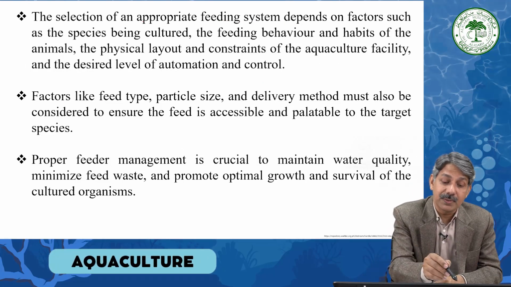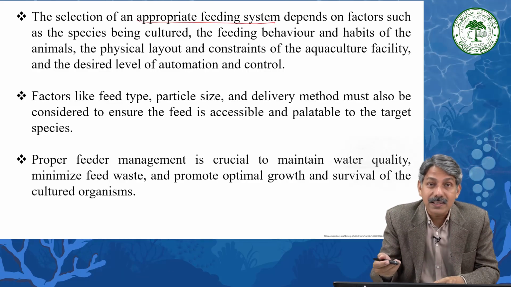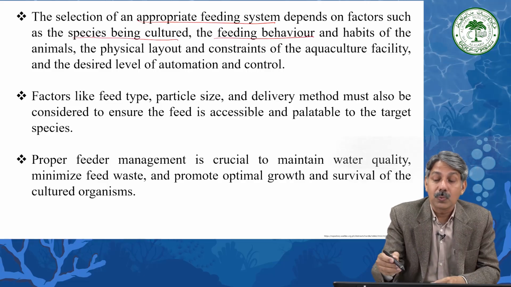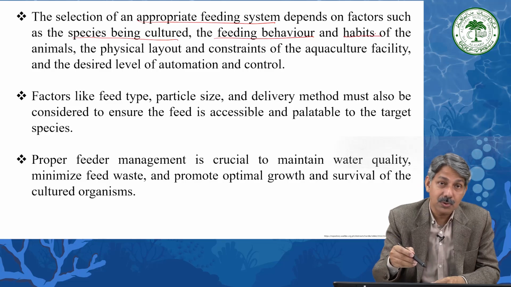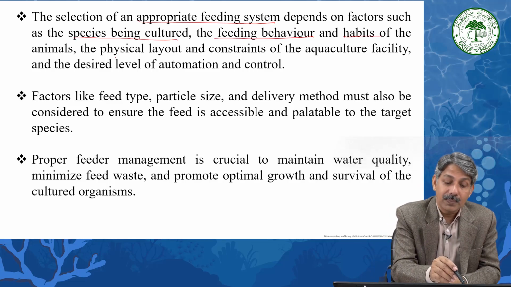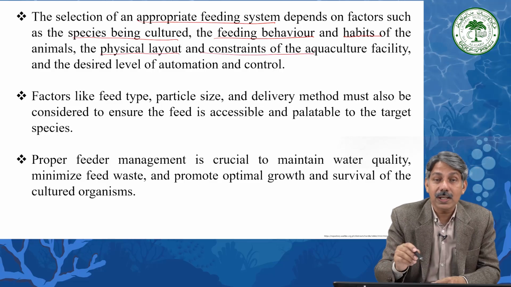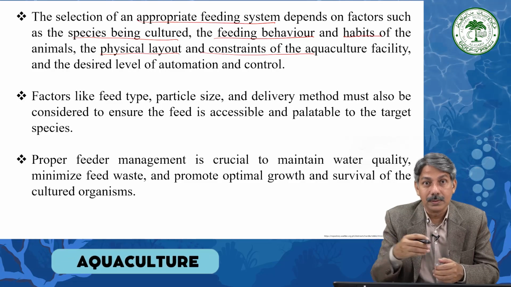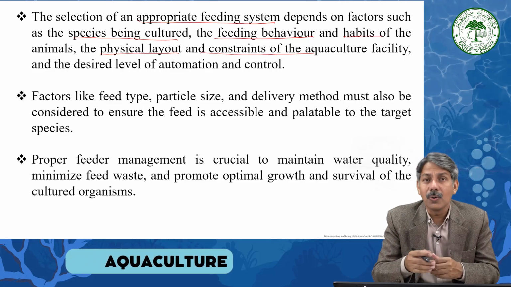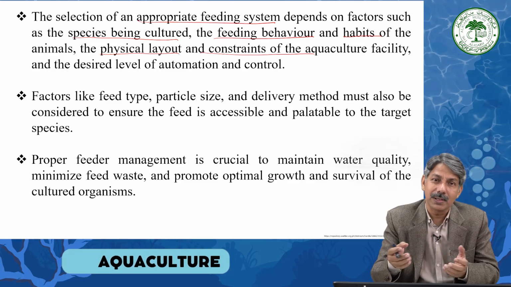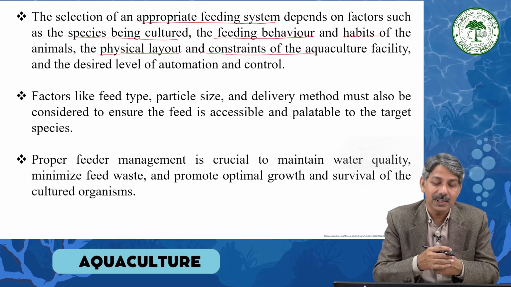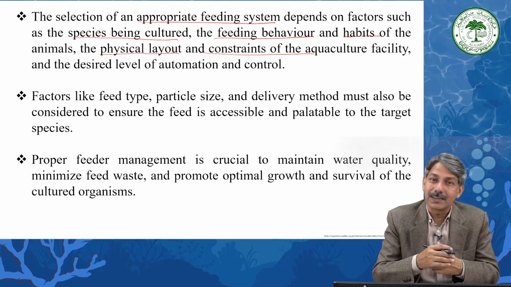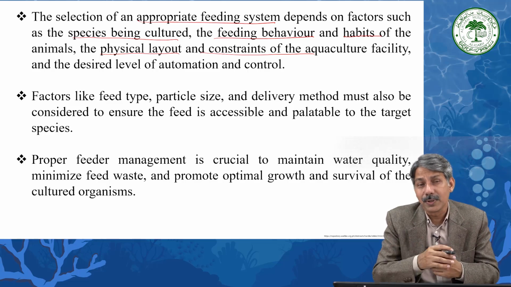The selection of an appropriate feeding system depends on many factors, such as the species being cultured, that's what I just told you, the feeding behavior, what is the feeding behavior and feeding habit of the fishes that you have stocked in your pond, and the physical layout and constraints of the aquaculture facility, what is the accessibility of all margins of the pond, and how things can move, whether you can have some kind of vehicle that can move, or you just have very traditional earthen ponds where moving vehicles is not possible.